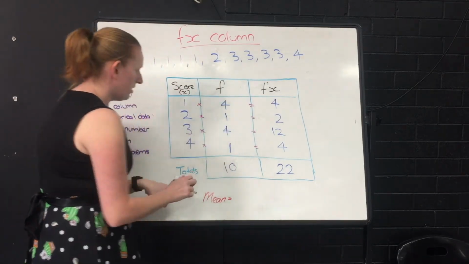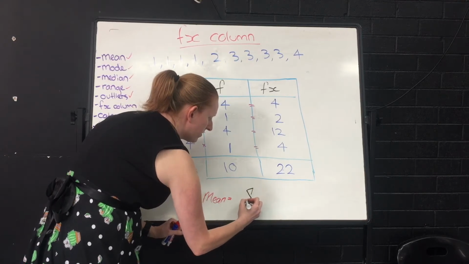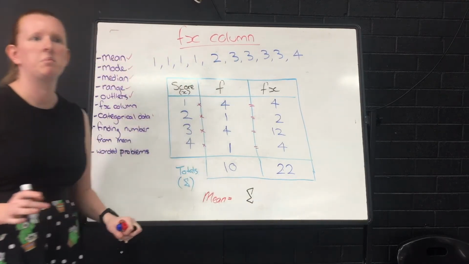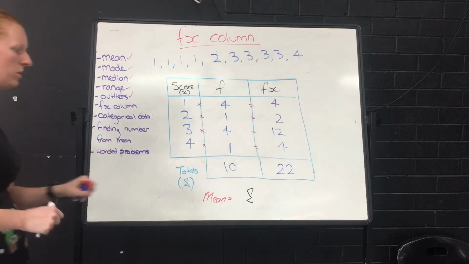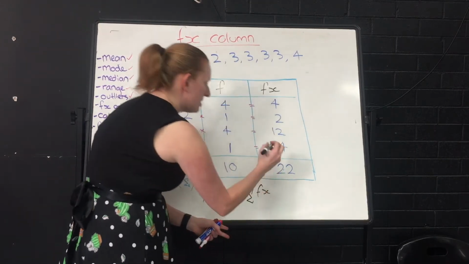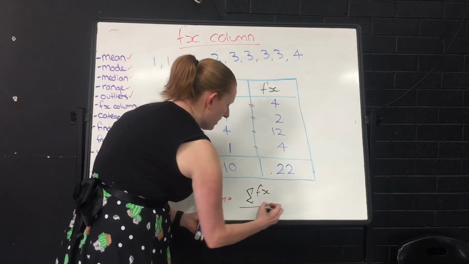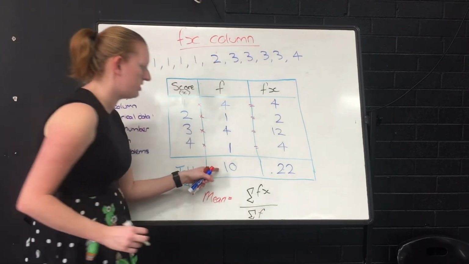So you may see this little symbol at some point in your life. It just means sum or total. It's just a lazy way of writing the word total in one symbol. So it's the total of fx, this box, over the total of f, which is this box.